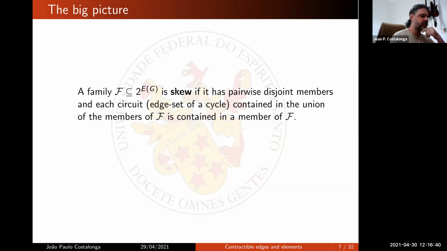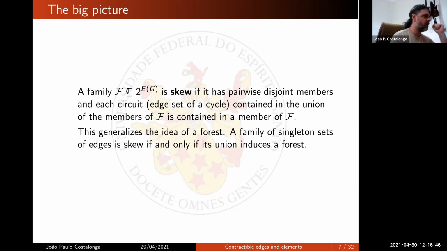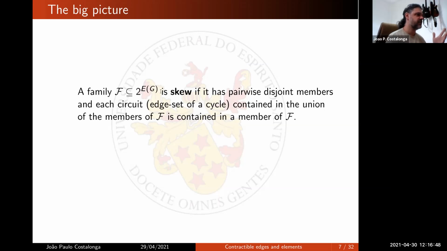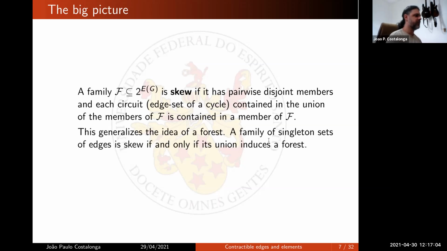First, we start with the concept of skewness. We say that a family F of sets of edges in a graph is skew if it has pairwise disjoint members, and each circuit, the edge set of a cycle, contained in the union of the members of F is contained in a member of F. Let's draw it to make it simple.